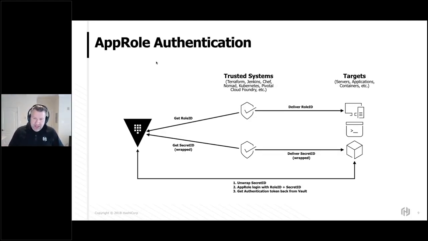So the thing that I want to drill in with this picture is that AppRole is a pattern. I'm specifically going to be talking about an instantiation of this pattern using Terraform and Chef. But by no means do I want to imply that you can only use things like Terraform and Chef to use AppRole.